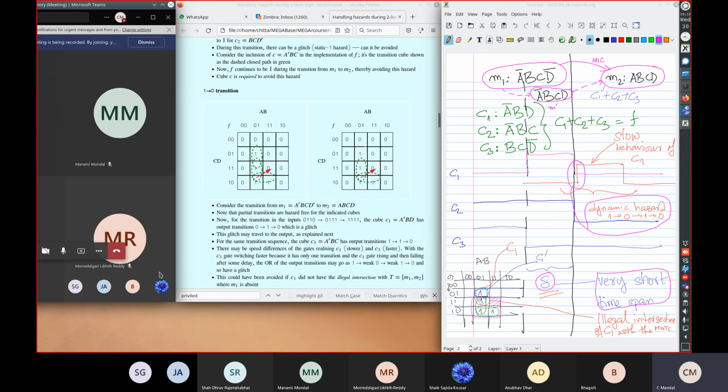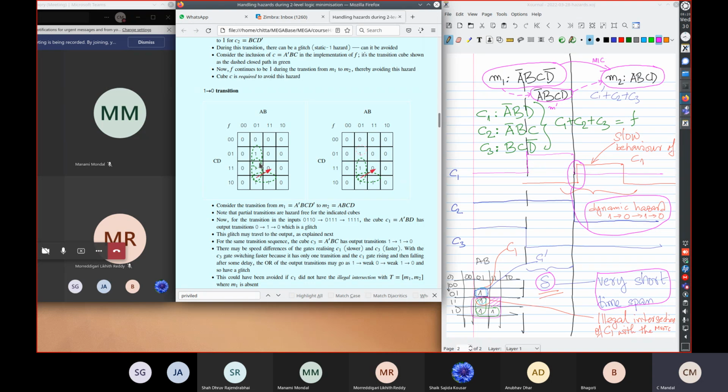How could we avoid the dynamic hazard? Why is it happening? It is happening because of this non-monotonic transition from C1.